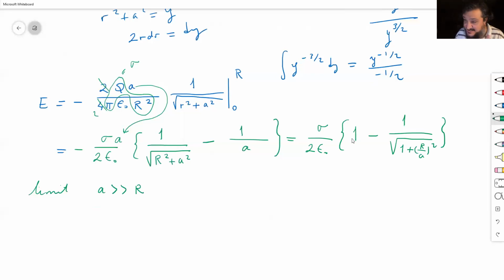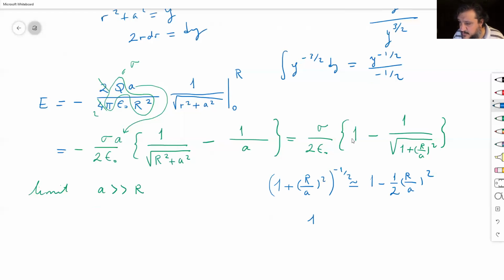I need to use that expansion again. Remember, 1 plus R over A squared to the power negative 1/2, when R is so small compared to A, is equal to 1 minus 1/2 R over A squared.